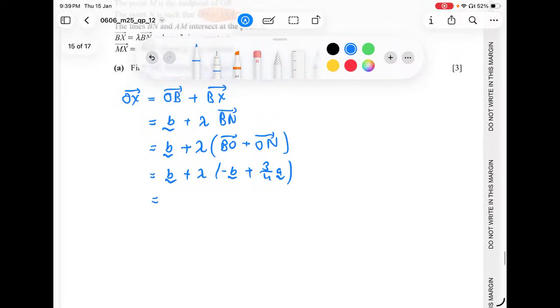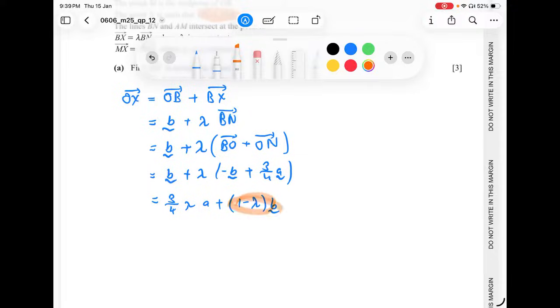So now OX is B plus, or let's write it first in A. So 3 by 4 lambda A plus 1 minus lambda B. So that's how we can factorize it.